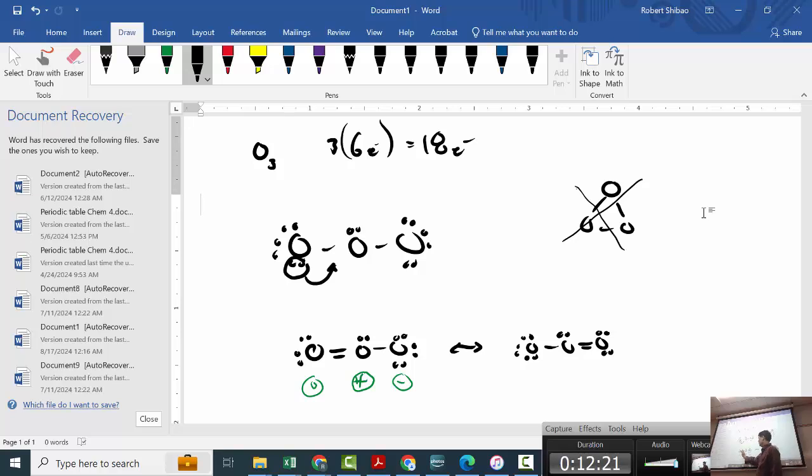So interestingly enough, for this molecule, the oxidation states are the same. So the oxidation states I'd like to do in parentheses here. So if I do that, this one comes out 0 oxidation state. This one comes out plus 1. This one comes out minus 1.